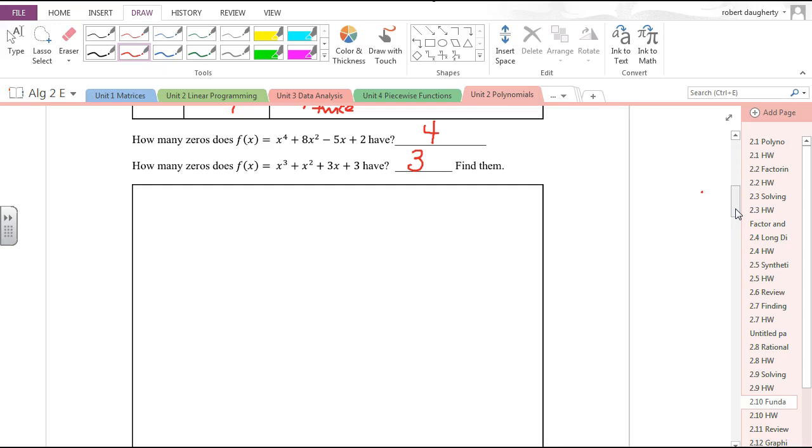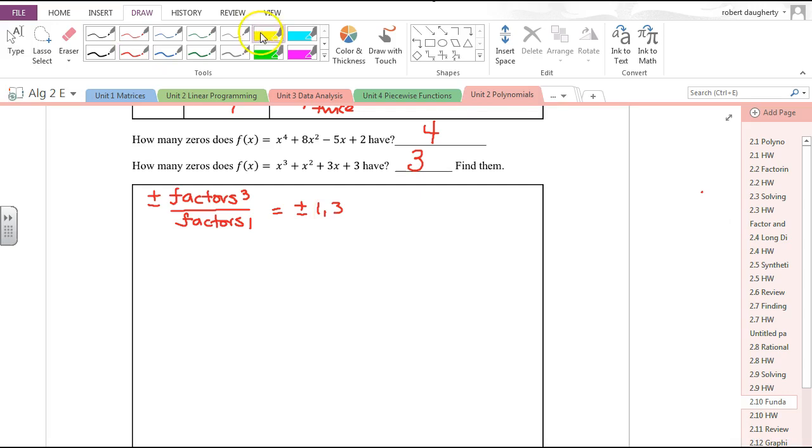Right. So we realize that if it has rational roots, let's start with those. Those are going to be plus or minus the factors of 3 divided by the factors of what? Of 1. So this is just going to be plus or minus 1 and 3. Now, I look at this polynomial.